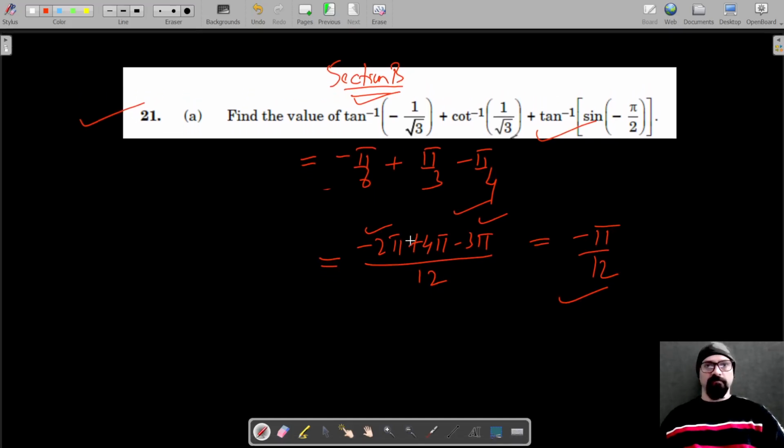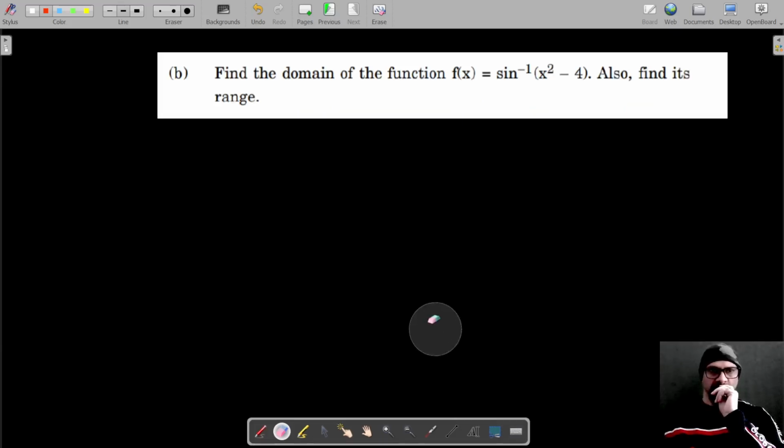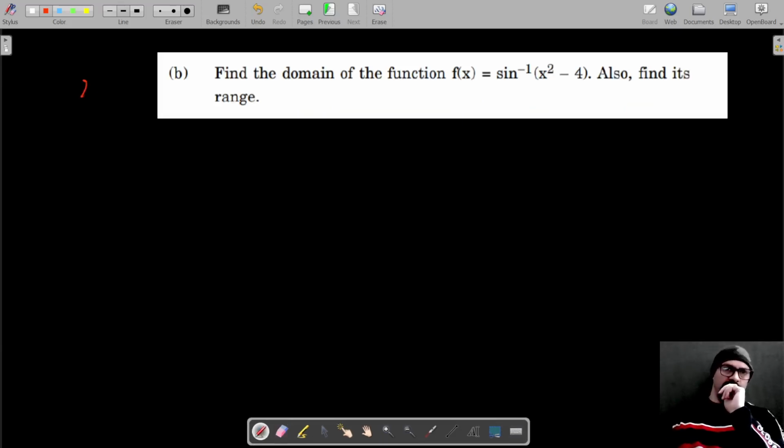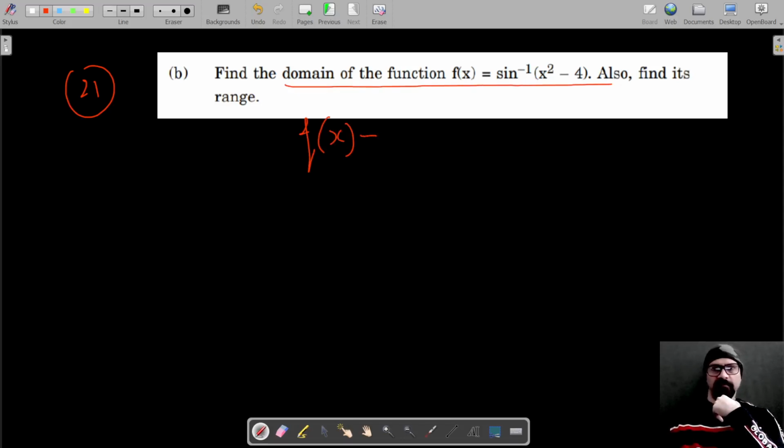Moving on to the second part of this same question 21. Okay, for part B of question number 21, we have to find the domain of the function. And the function is given as f of x is equal to sine inverse of x square minus 4.